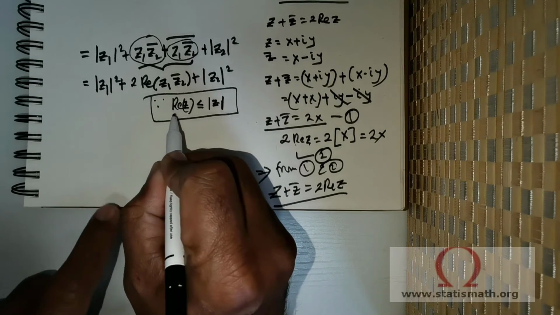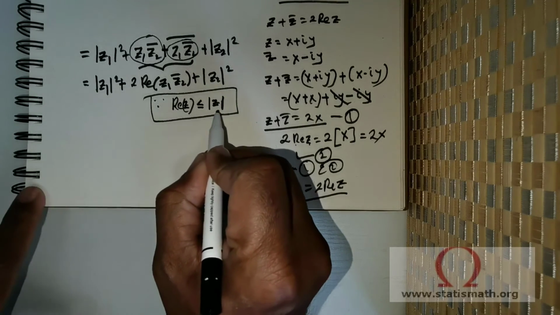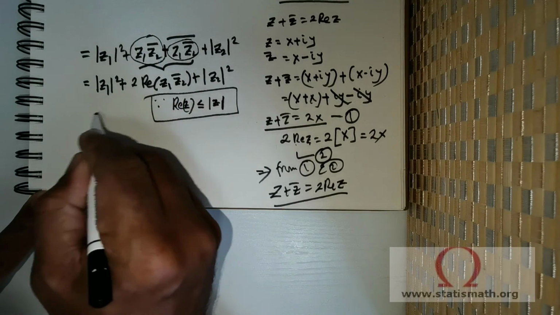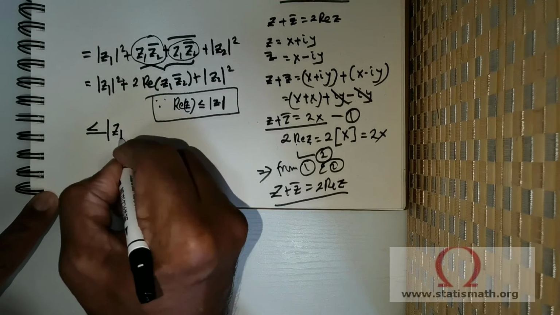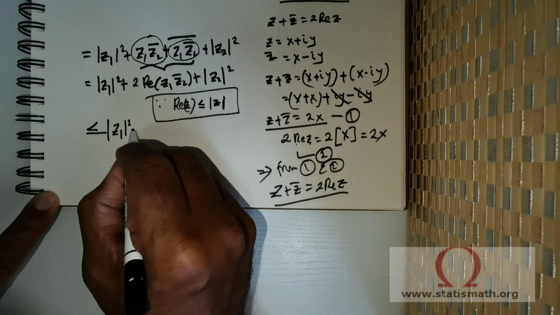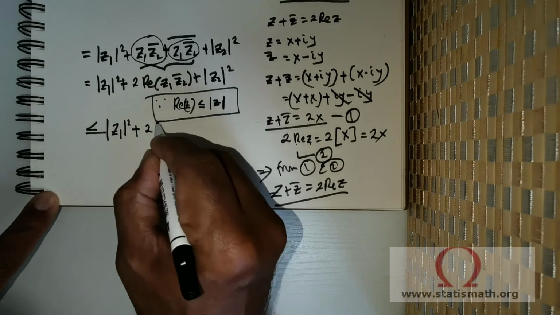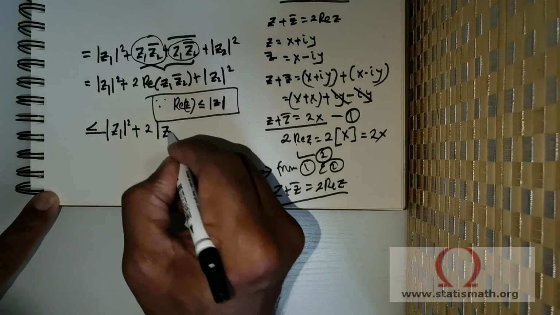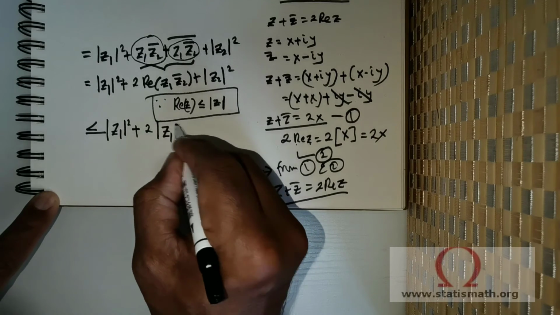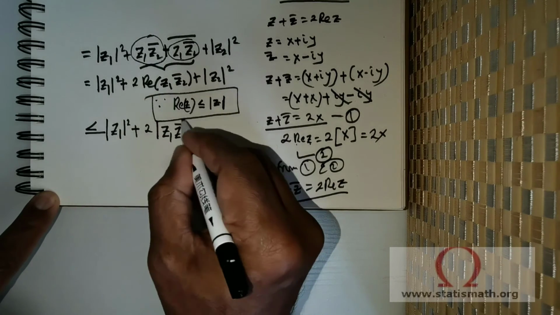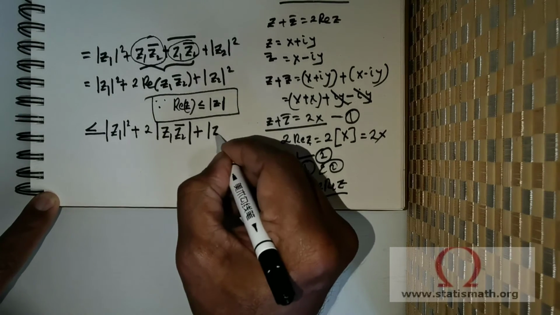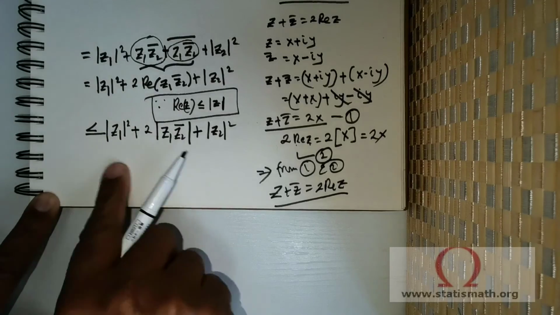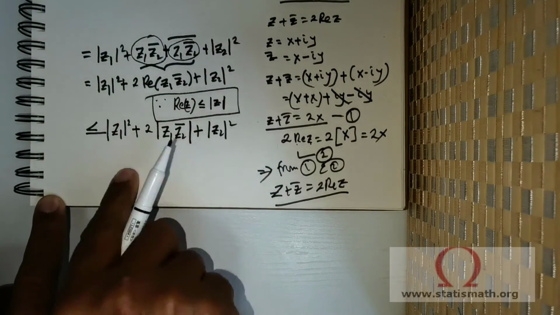Because of the truth of this property, real part of z is less than or equal to modulus of z, I'm going to rewrite this as less than or equal to modulus of z1 squared + 2 times modulus of this complex number z1 multiplied with z2. It's a complex number, right? So place that complex number, following it up with modulus of z2 squared. So we have got this beautiful outcome.